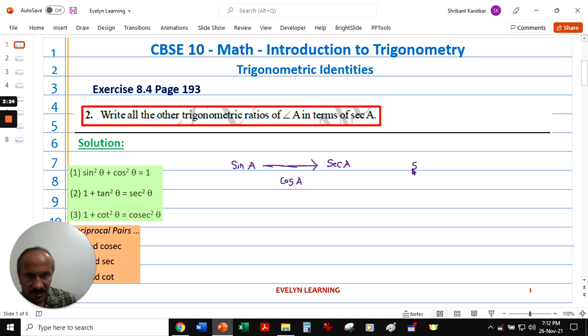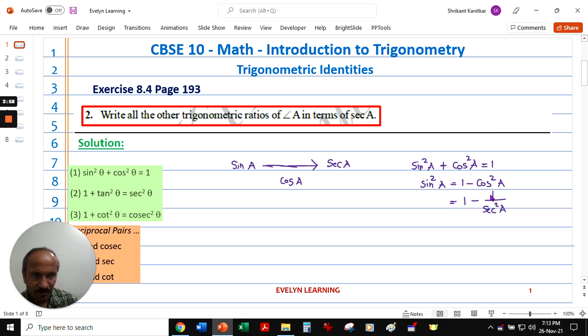Now to do that, I am going to use this Pythagorean identity sin square A plus cos square A is equal to 1. So from this, I can write sin square A is equal to 1 minus cos square A. And here, in place of cos A I can write 1 upon secant square A, because we know that cos and secant are reciprocals.